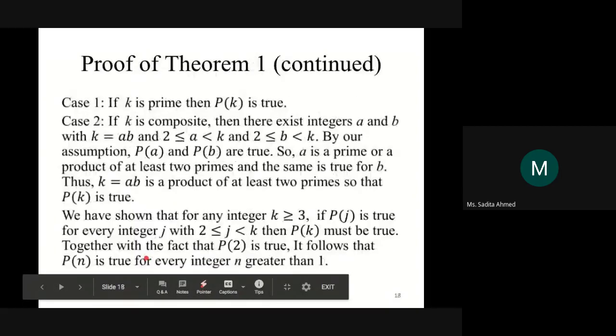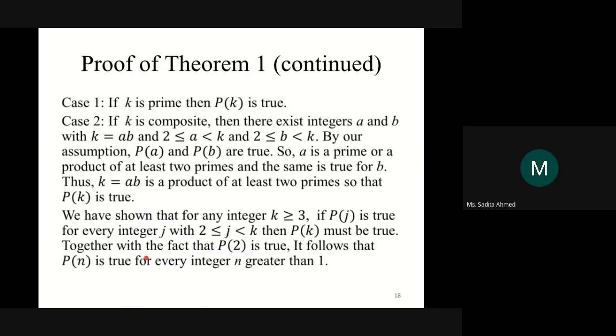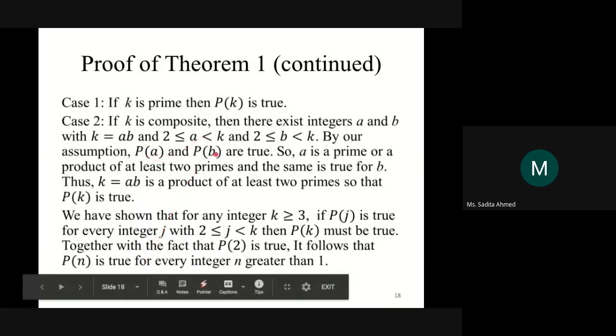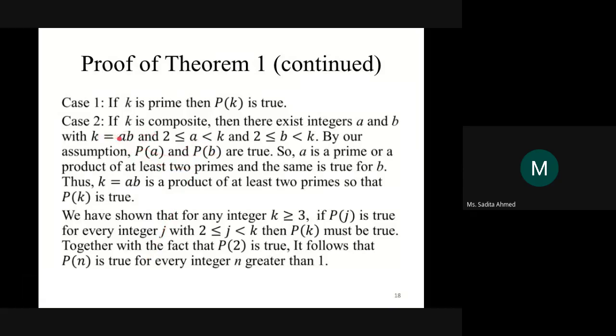So based on the hypothesis, we are allowed to say that the statement is true for a and b. And since k is equal to the product of a and b, we can say that k is the product of primes, right? Now, is that clear, or are you still confused about the assumption part? How we utilize the assumption here?